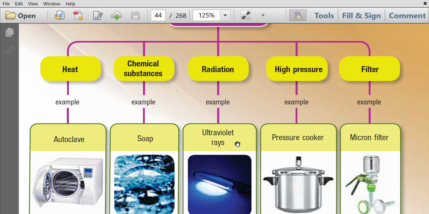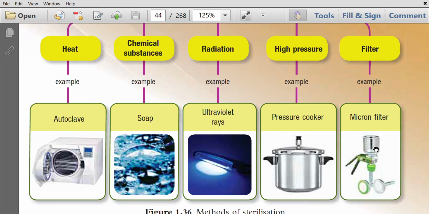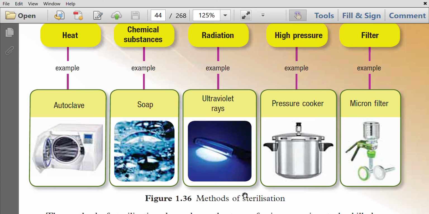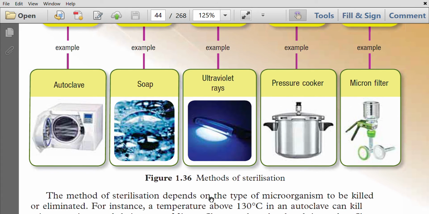Radiation, we use ultraviolet ray. High pressure, we can use a pressure cooker. There might be some of us who have a pressure cooker at home. And we have a micron filter by using filter. So we have this apparatus. This is the method of sterilization.